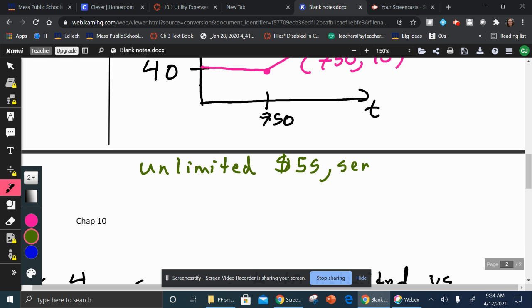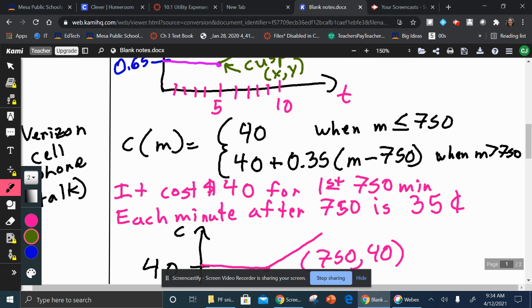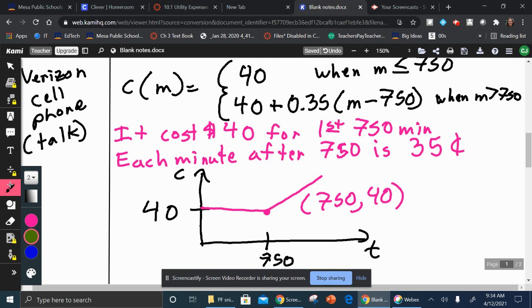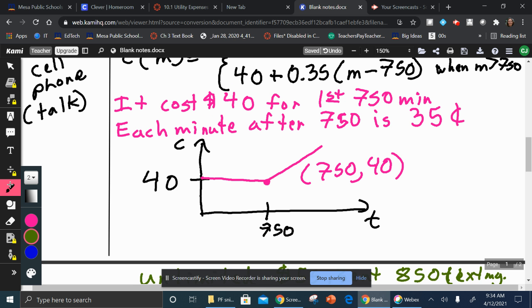And you send 850 text messages. Okay, everybody, so we're going to use this. So we're going to put in 850, okay? So the cost per minute, so we're going to put 400.